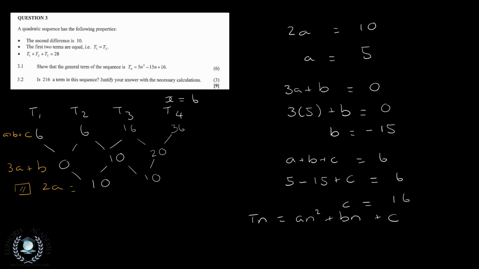So let us substitute our variables a, b, and c. We have 5n squared, let's not write a plus here because we have a minus 15n, and c is 16, and that matches what we're meant to show. So our final answer shows what we're required to show. 6 marks.